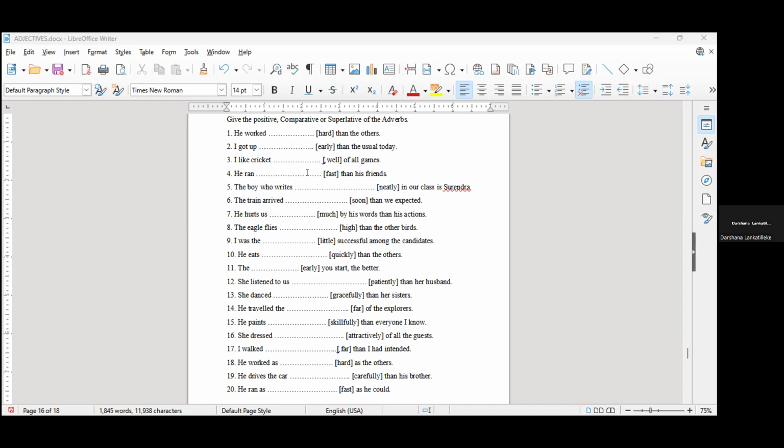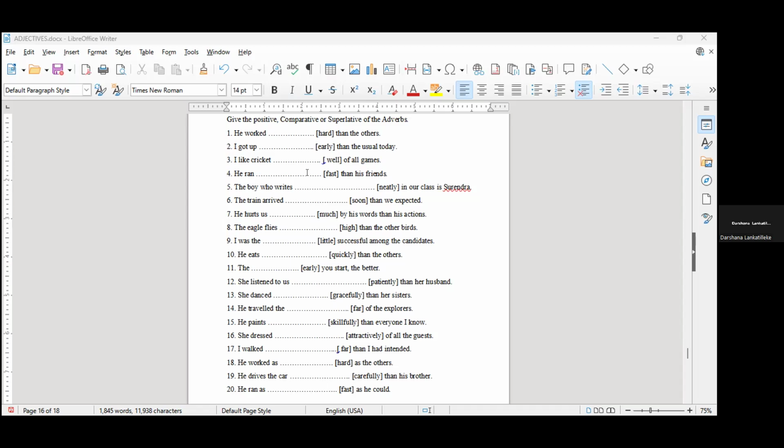Most neatly, correct. Because we are talking about one person, not comparing to anyone. The boy who writes most neatly in our class is Surendra.